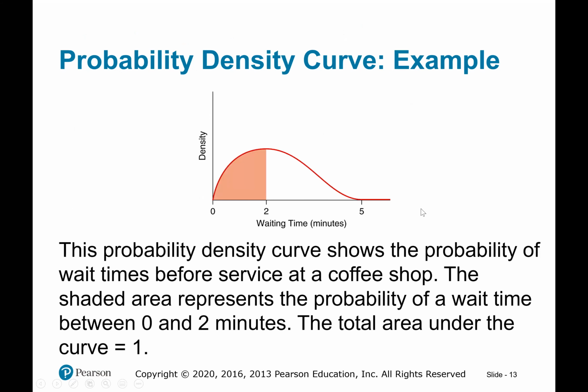Okay, here we are. Here is an example of a probability density curve. These probability density curves show the probability of wait time before service at a coffee shop. The shaded area represents the probability of a wait between 0 and 2 minutes.